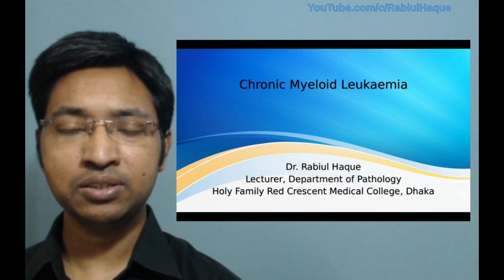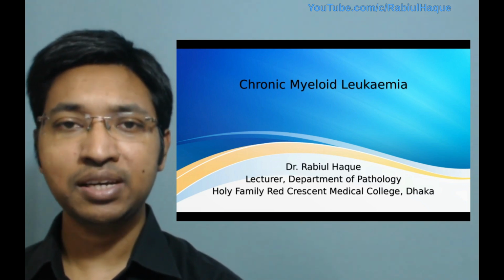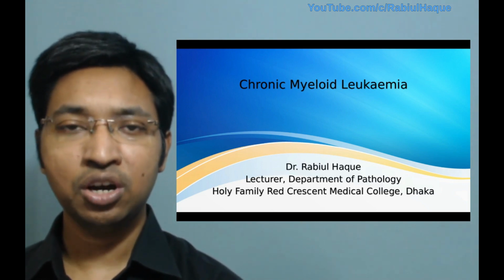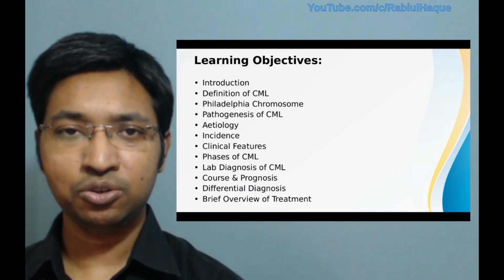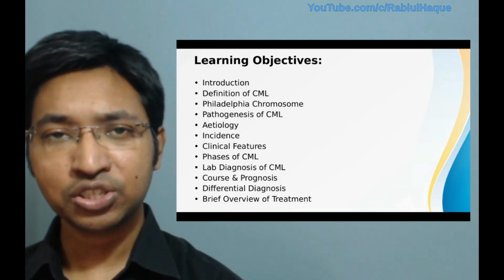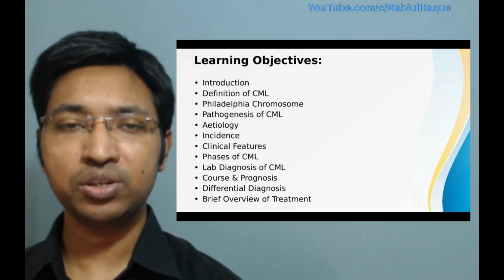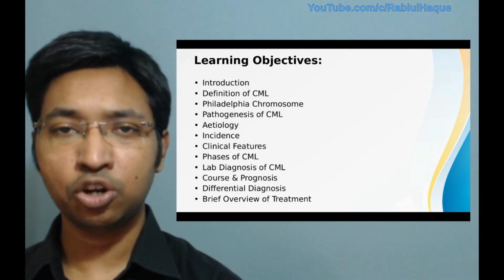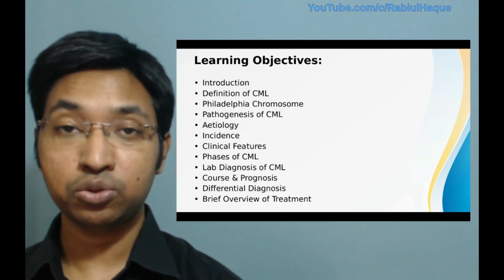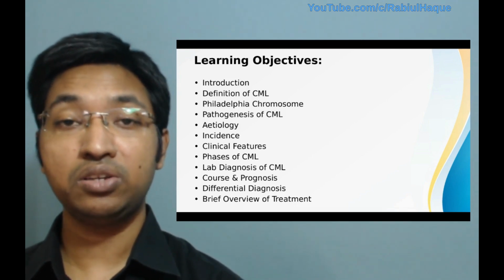Today's topic is chronic myeloid leukemia. This is the third lecture of our ongoing leukemia series. In this lecture, we will learn about introduction and definition of chronic myeloid leukemia, the concept of Philadelphia chromosome and its role in pathogenesis of chronic myeloid leukemia.